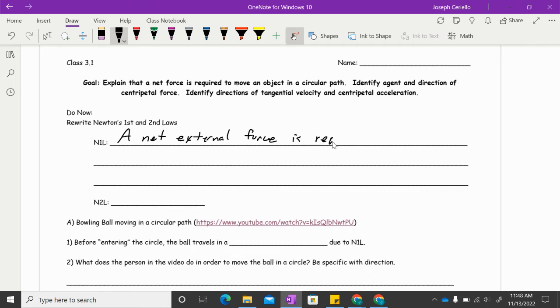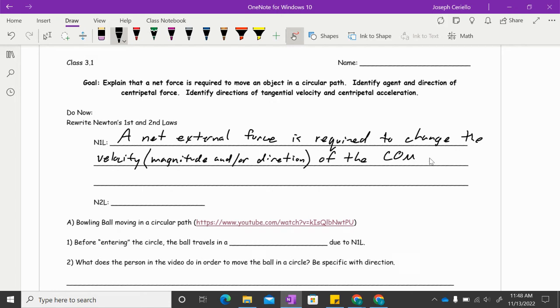is required to change the velocity. Now, velocity, either magnitude and/or direction, of the center of mass of a system.